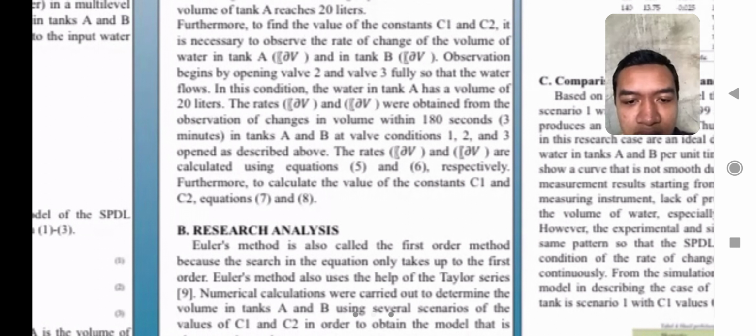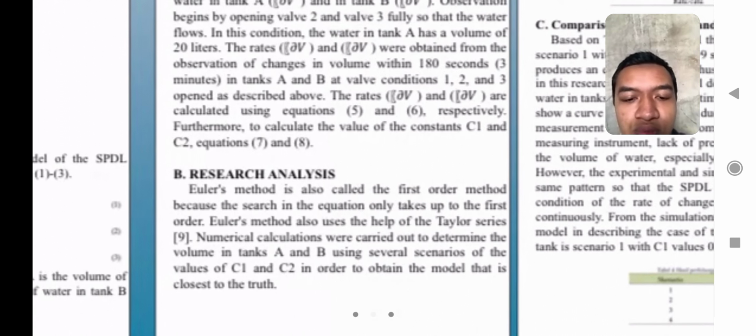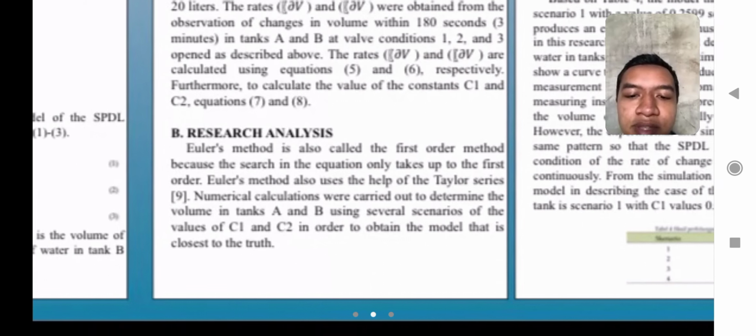The rates are calculated using equations 5 and 6 respectively. Furthermore, to calculate the value of the constants C1 and C2 are equations 7 and 8.